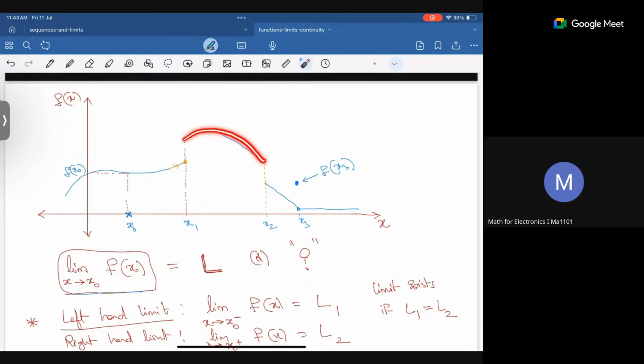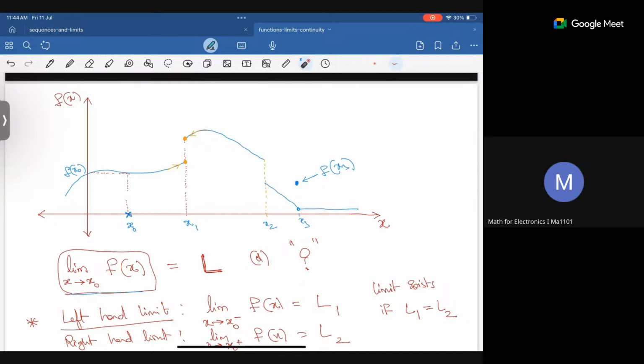Again, till here I don't have to lift my pen, but at this point I have to lift it again.